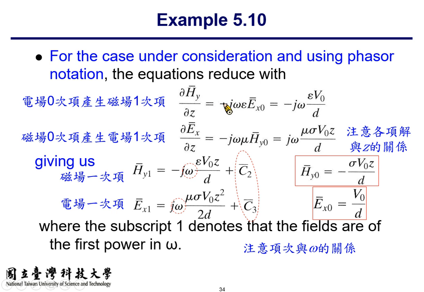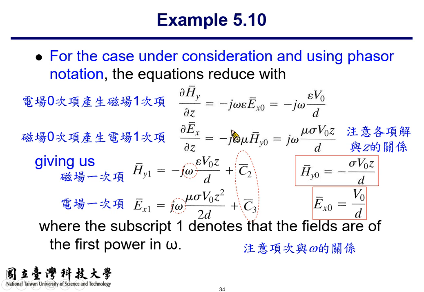So it equals minus j omega epsilon Ex sub 0. And it can be found by substituting the expression for Ex sub 0. So what is it? V0 over d.